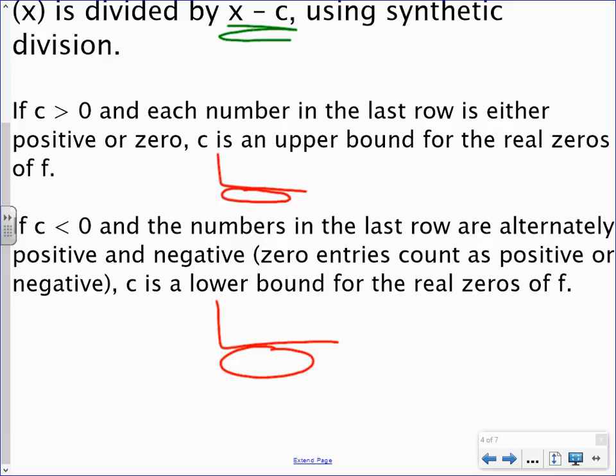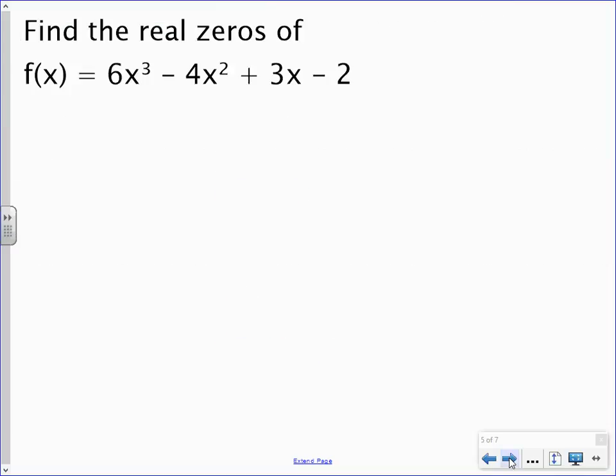I want to show you what both of those look like using this example right here. And what I'd like you to do is create a list of possible zeros for me so we can get started with this.